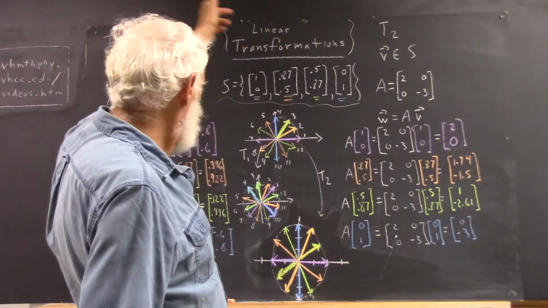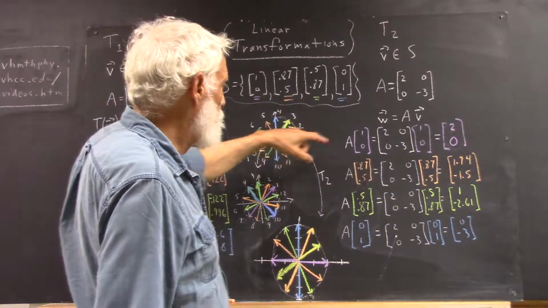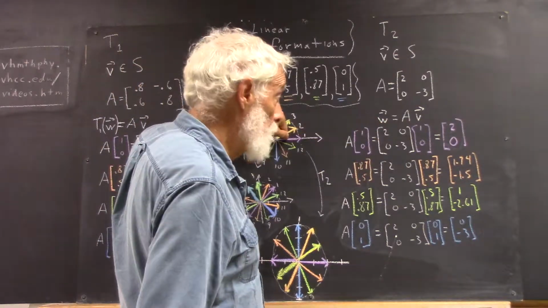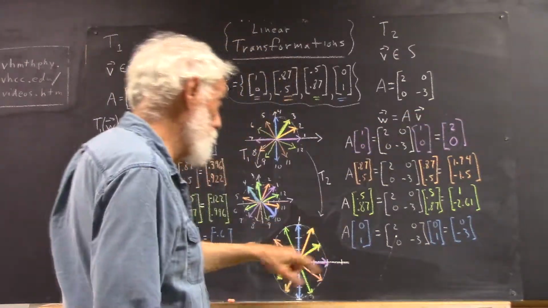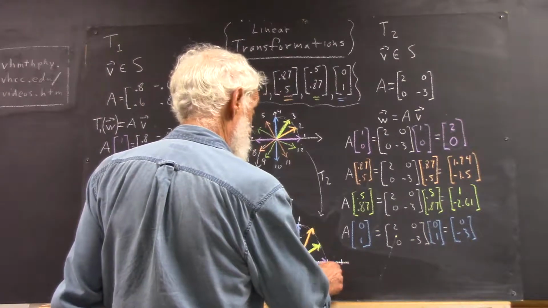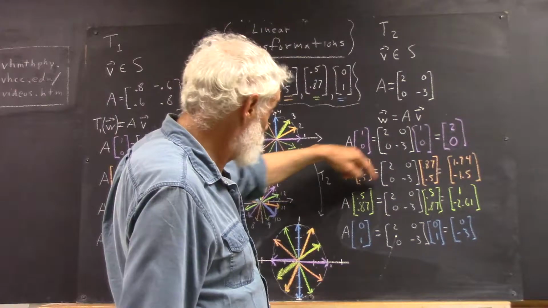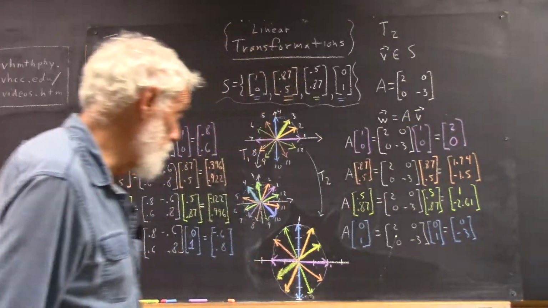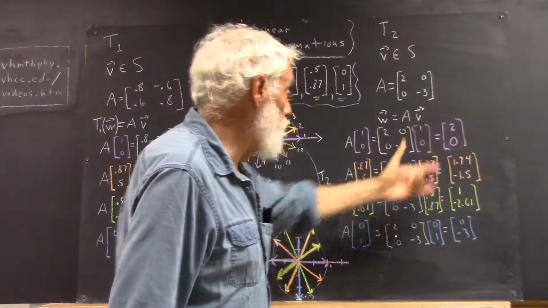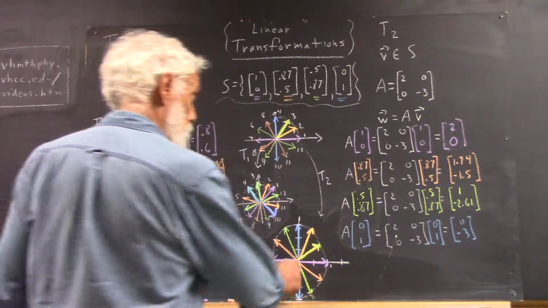So we transform vector number 1 here, and we get 2, 0, which is this vector. So I'm going to put a 1 here. Then we transform the second vector, just do the simple matrix multiplication, and we get 1.74, negative 1.5.